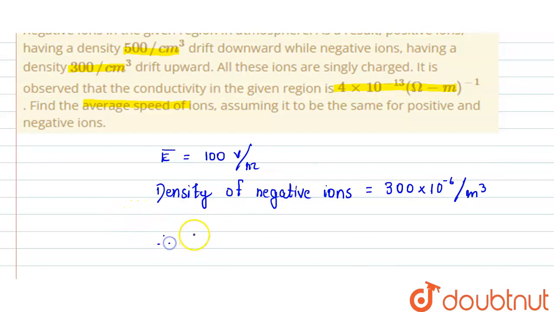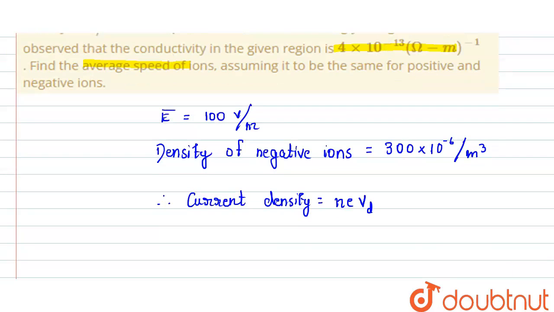Therefore, we have to find the current density first. We know that current density is equal to N into e into Vd, where N means number of charges per unit volume, or the density of charge, and e is the charge of an electron.